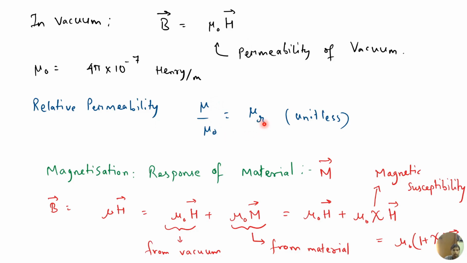That is mu r. Since mu has a unit of Henry per meter, they cancel in numerator and denominator, and mu r, the relative permeability, is unitless. This mu r tells you about the material with respect to the vacuum.